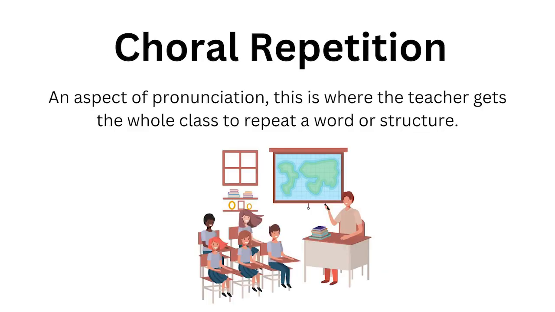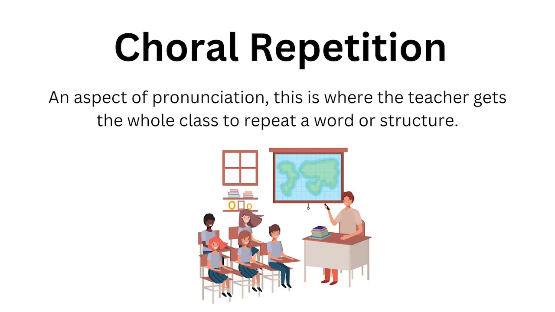Choral repetition. Now this is a technique where students repeat words or phrases simultaneously as a group, and it's used for pronunciation practice or language reinforcement. You will sometimes have a class which has problems with pronunciation. Certain cultures have problems with certain words.